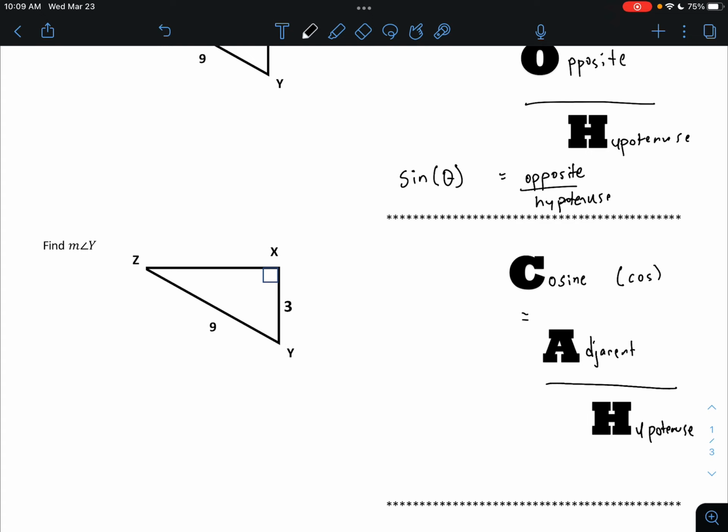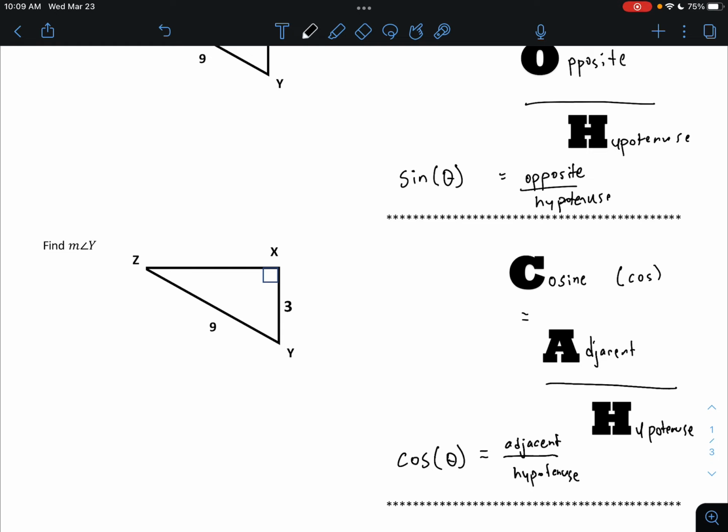So the cosine of theta, the cosine of our angle, equals the adjacent over the hypotenuse.